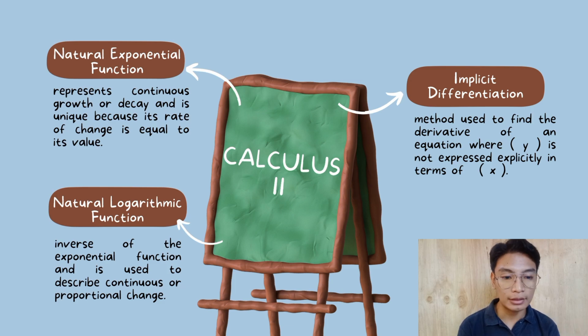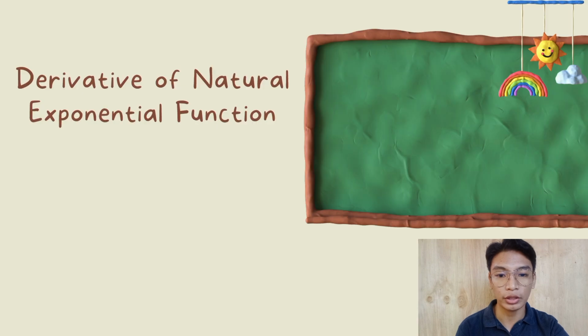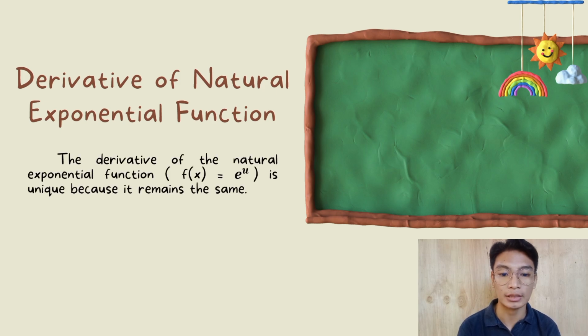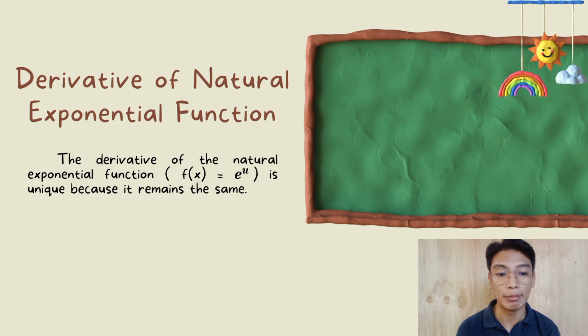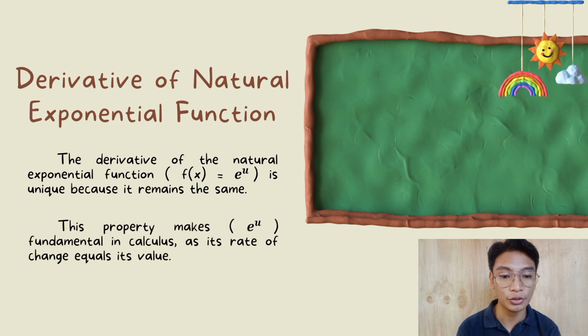So, to elaborate, first we're going to discuss the derivative of the natural exponential function. The derivative of the natural exponential function f of x equals e raised to u is unique because it remains the same. This property makes e raised to u fundamental in calculus, as its rate of change is equal to its value.